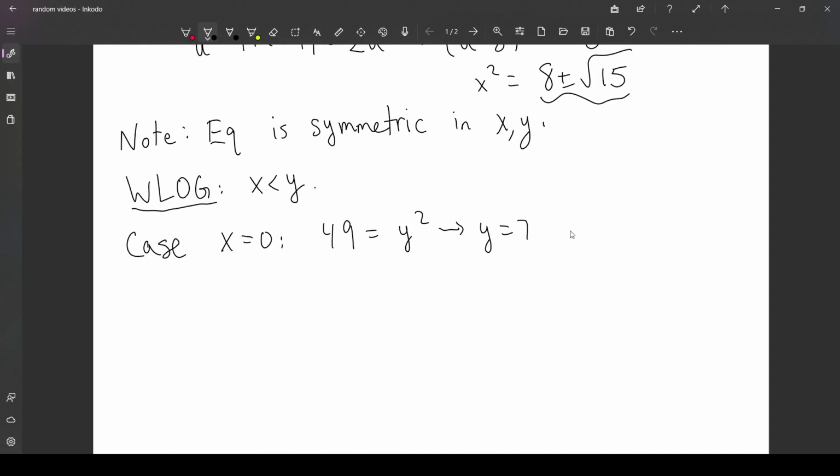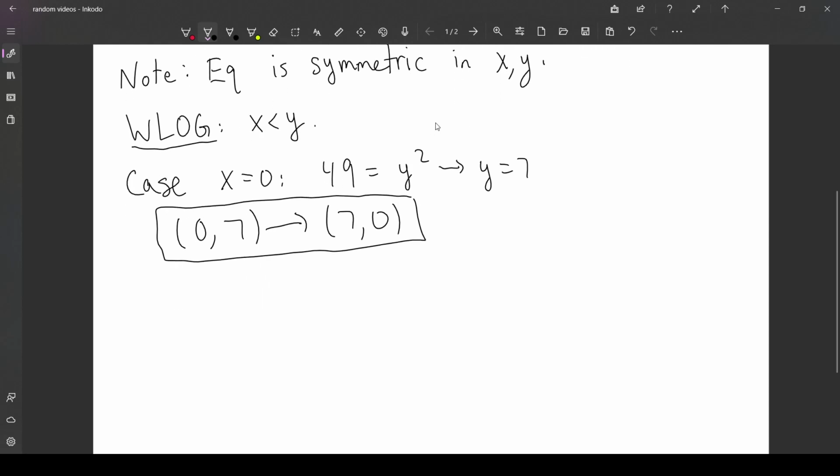So we have a solution of (0, 7). Since the equation is symmetric, we also get a solution of (7, 0). So far we have 2 solutions.